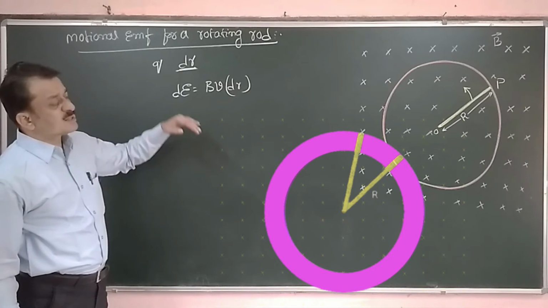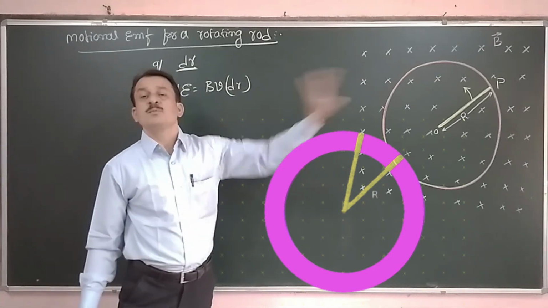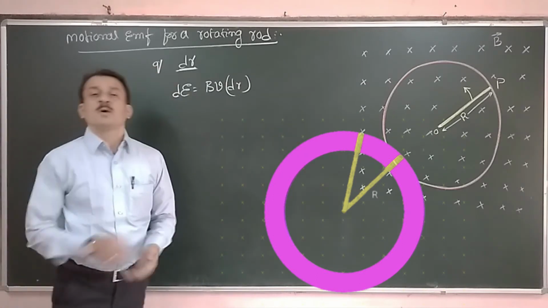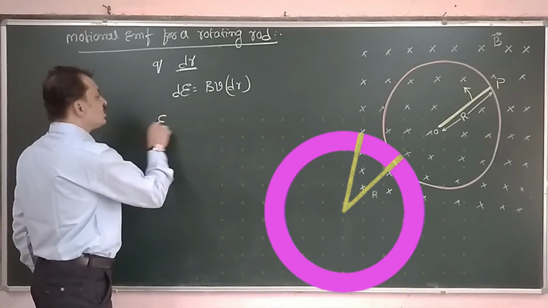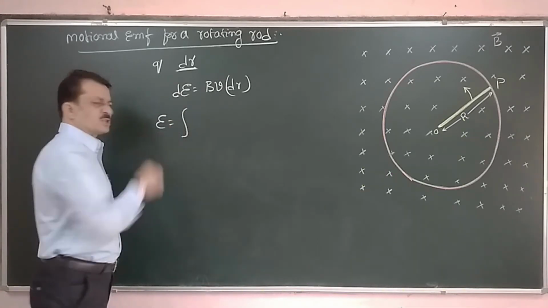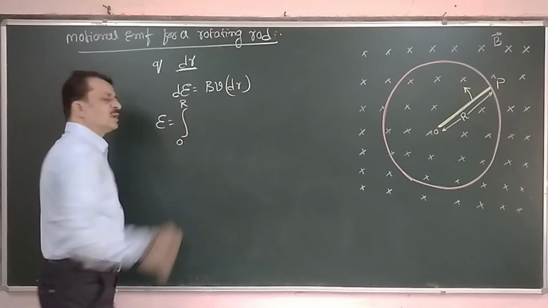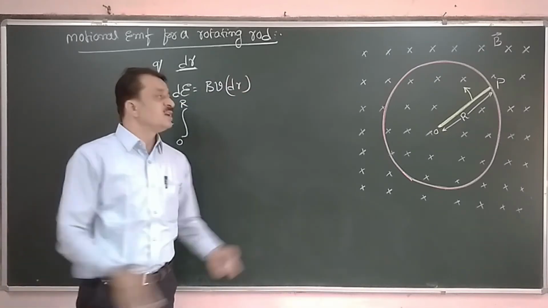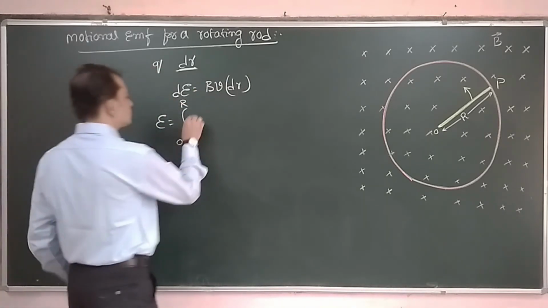Now charges are separating from where to where? From the center O towards the point P. The electrons are separating from O to the point P. Therefore, the total EMF induced is obtained by integrating the above expression from 0 to capital R, which is nothing but the total length of the rod, or here it is the radius of the circular path.